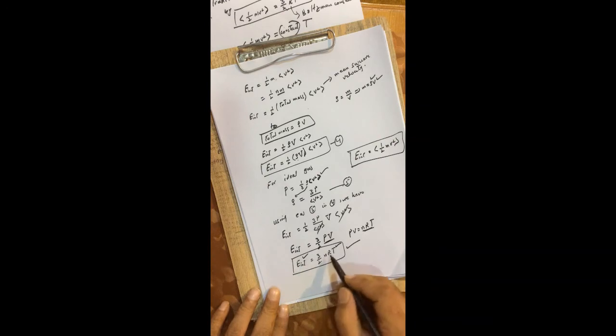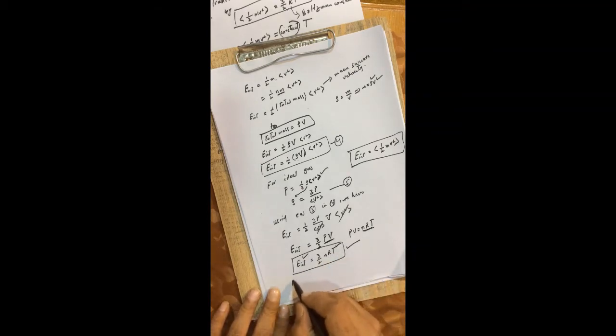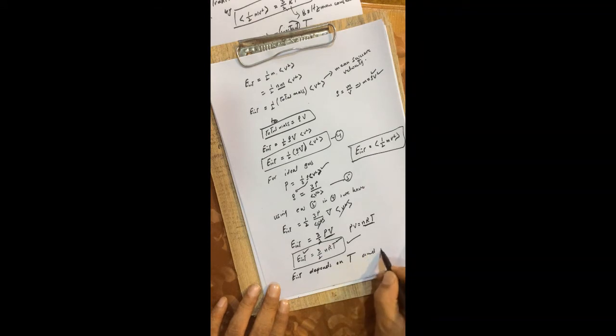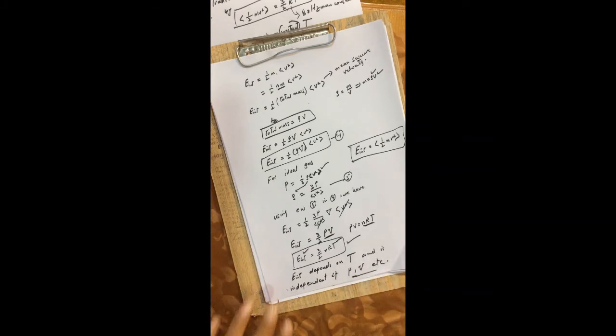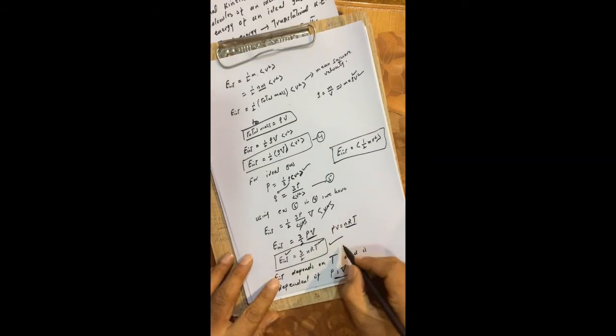And it is independent of pressure, volume, etc. So the internal energy, E internal, depends on temperature and is independent of pressure, volume, etc. Let's say this is equation number 6.